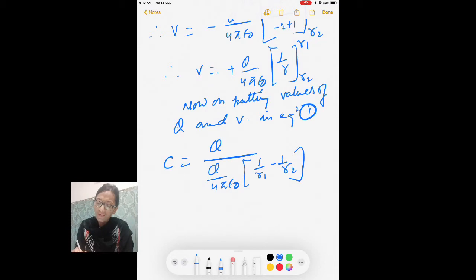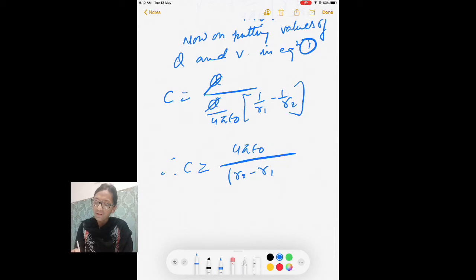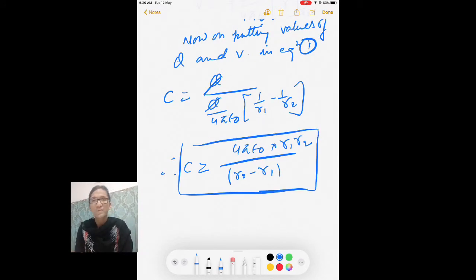Here Q and Q cancel, therefore C is equal to 4 pi epsilon naught upon R2 minus R1, and this is equal to, taking the LCM, 4 pi epsilon naught R1 R2 upon R2 minus R1. So this is the capacitance of a spherical capacitor.